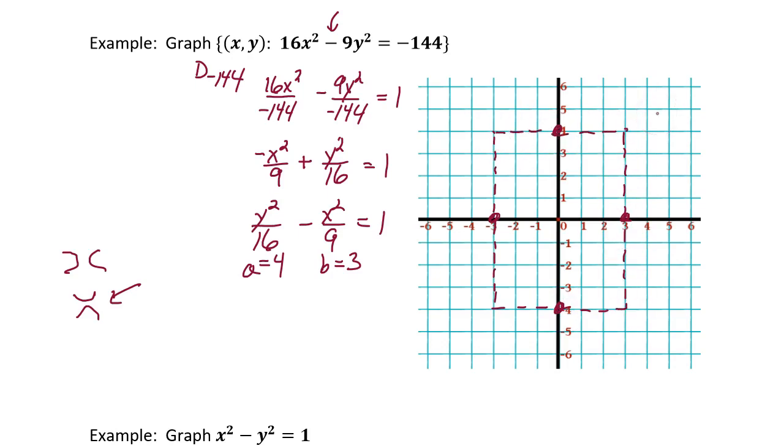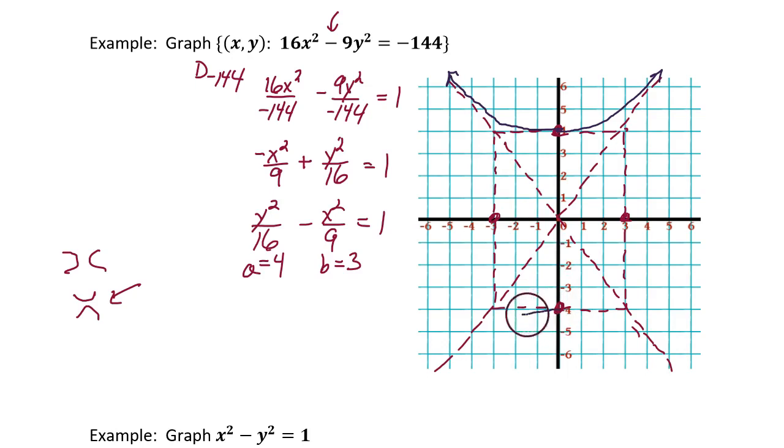What do you do next? Draw the diagonals of the box. And what do you do next? Now you draw in the branches. So going through 4 and swinging close to that asymptote line, and then coming like this and getting close to the asymptote line.